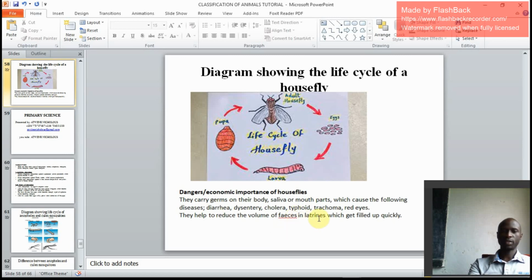They reduce the volume of feces in latrines. You need not just pour your latrine, rather pour paraffin or oil in the latrine, because it will kill maggots, and maggots eat feces, and by eating feces, that's an indicator that they are reducing the volume of feces in a latrine.